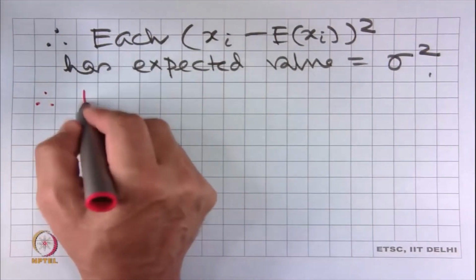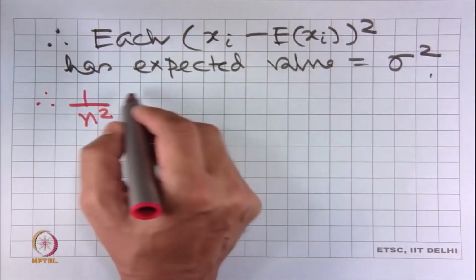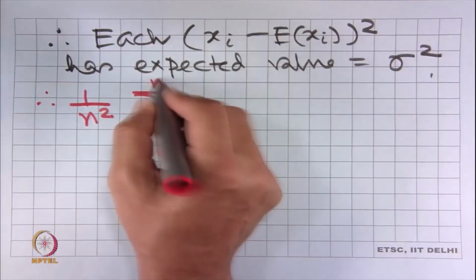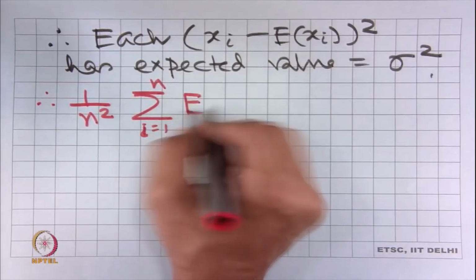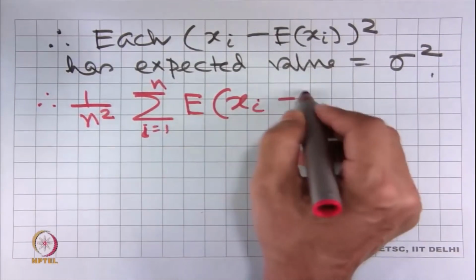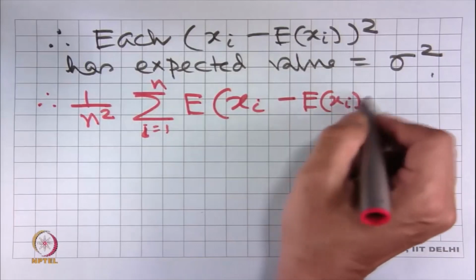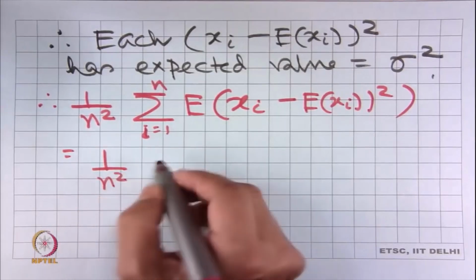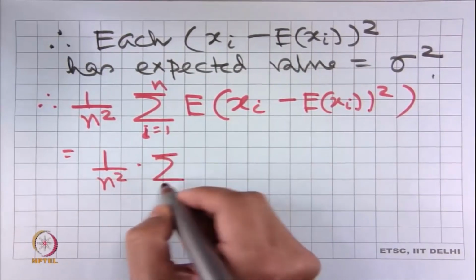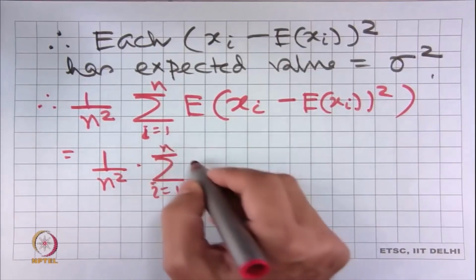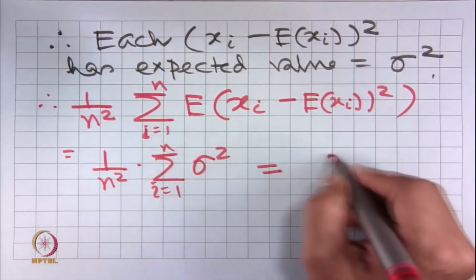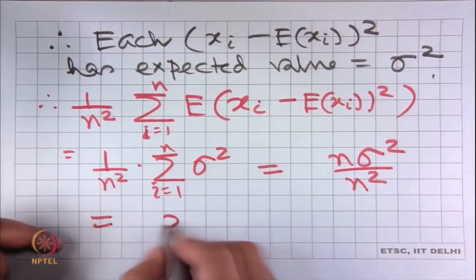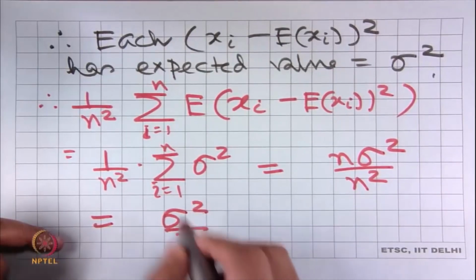Therefore, 1 upon n square into sigma i is equal to 1 to n of sigma square is equal to n sigma square upon n square, which is equal to sigma square by n.